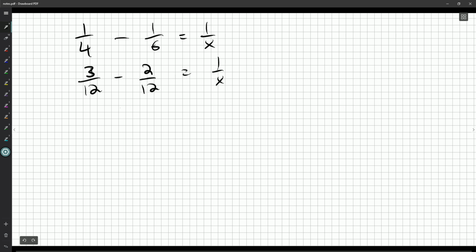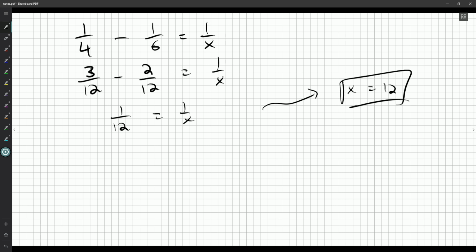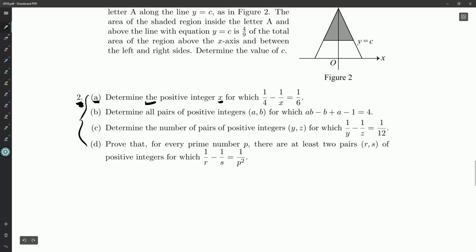And 3 minus 2 is 1/12. So x is 12. There we go. Short and sweet. Looks like, just a quick glance at the rest of the problem, we're talking about these so-called Egyptian fractions of the form 1 over an integer.